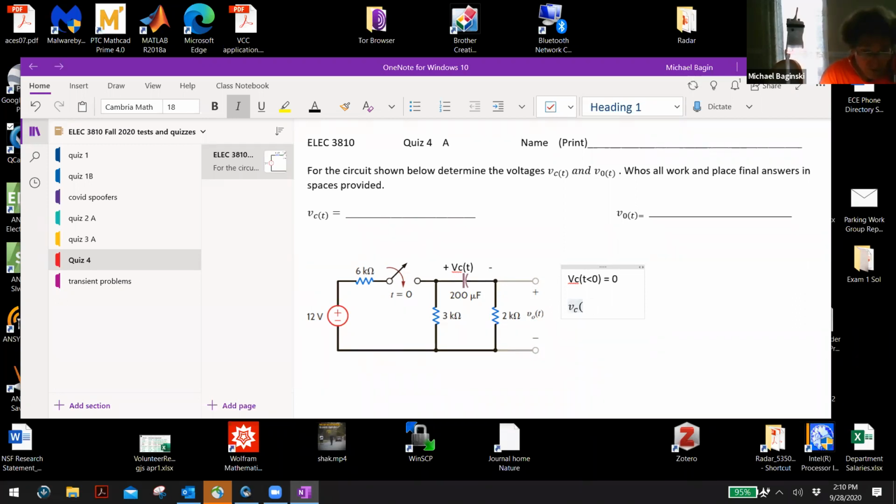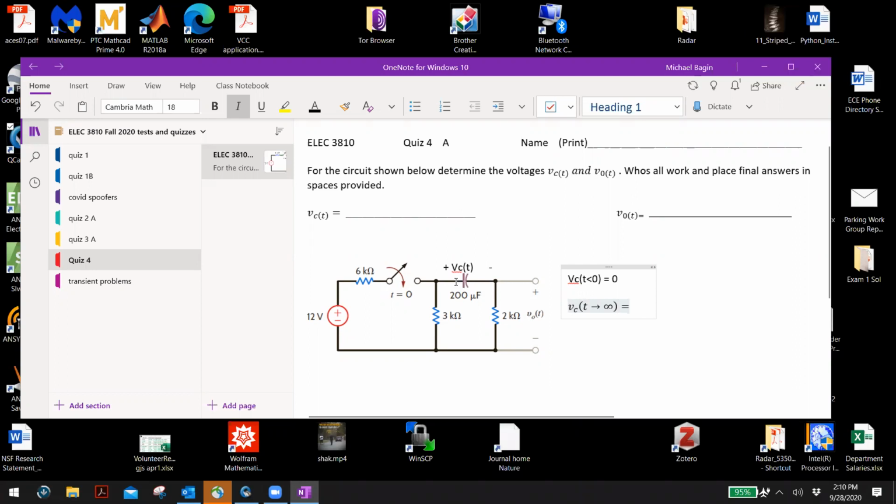Now, as T goes to infinity, this becomes an open circuit, doesn't it? Jessica, the capacitor? Yes. So if that becomes an open circuit, no current can flow through it, right?